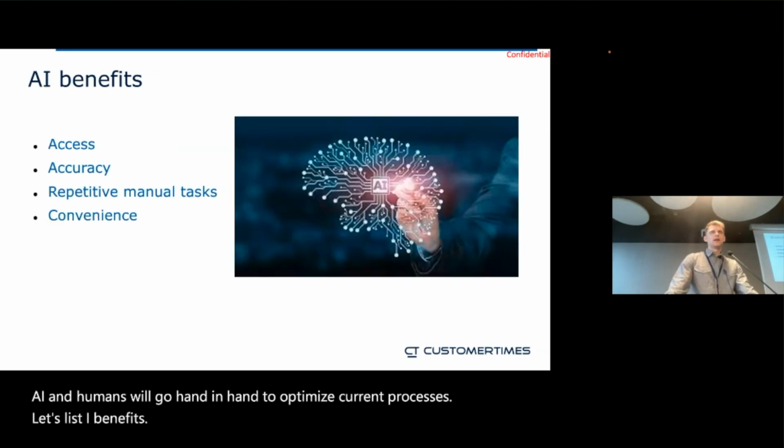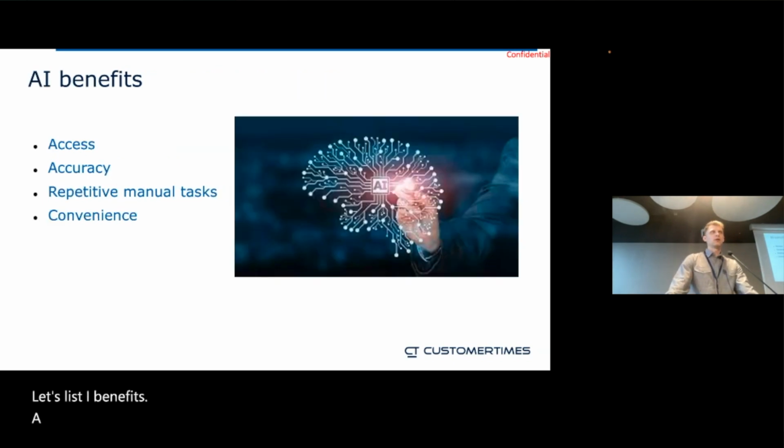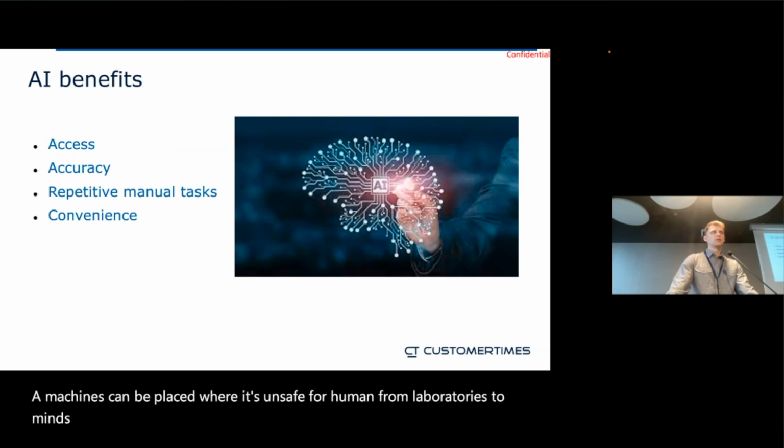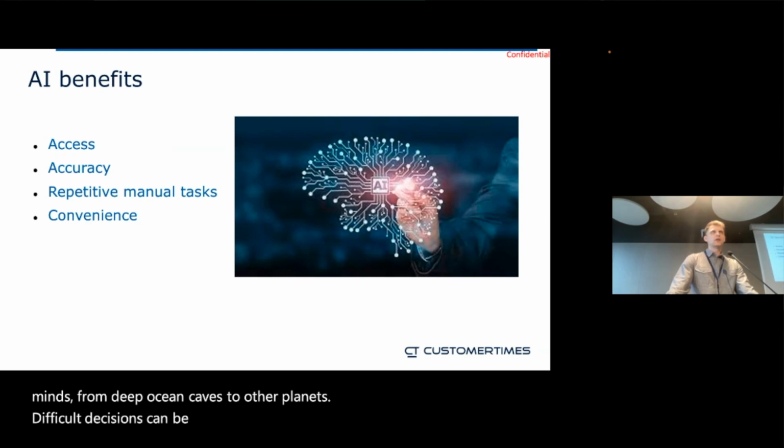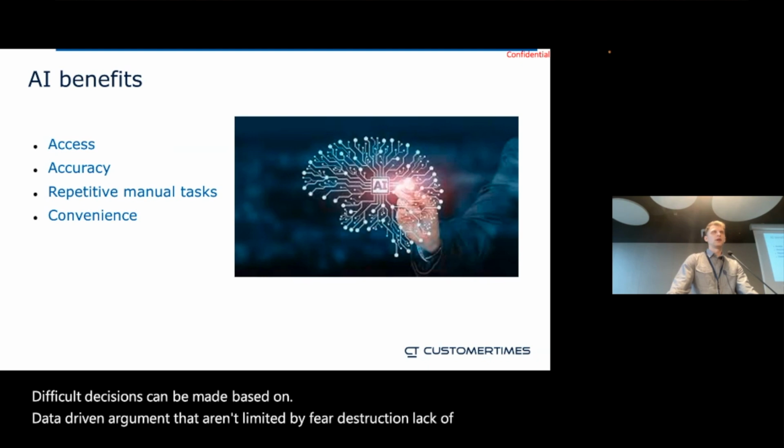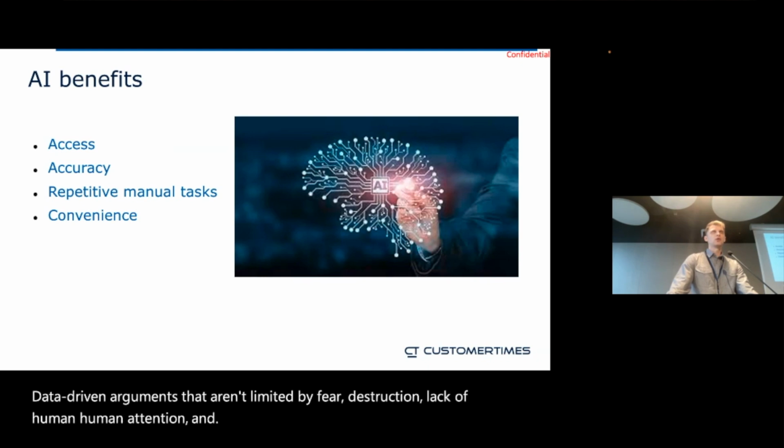Access. AI machines can be placed where it's unsafe for humans, from laboratories to mines, from deep ocean caves to other planets. Accuracy. Difficult decisions can be made based on data-driven arguments that aren't limited by fear, distraction, lack of human attention, and emotional reactions.